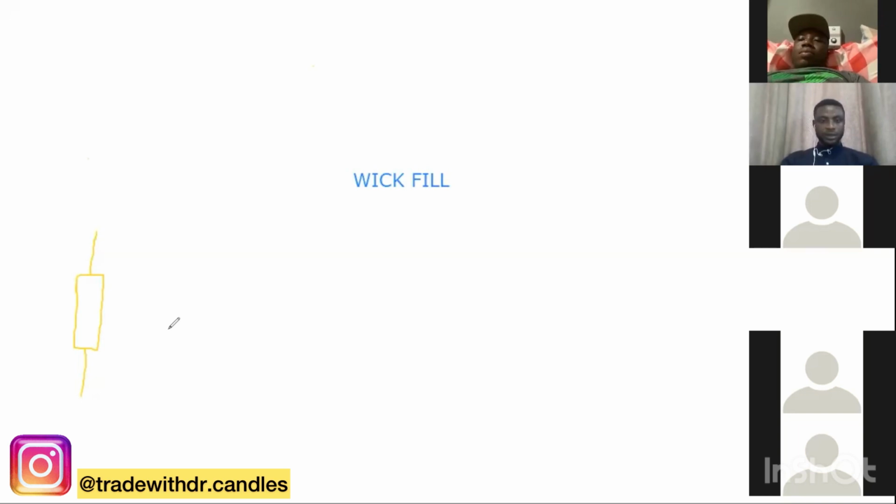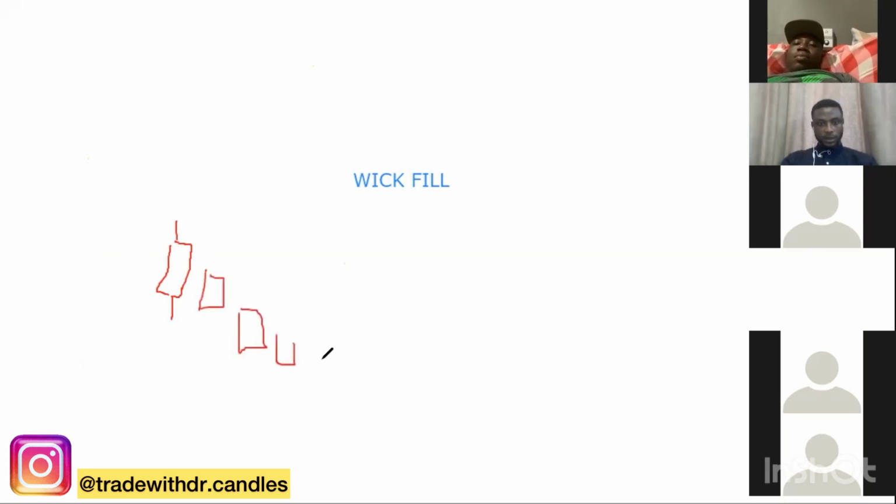So let's take, for example, this is a bearish market. Market was trending down like this, down like this. And then suddenly a big candlestick formed with a small wick on top, but a very long wick below.